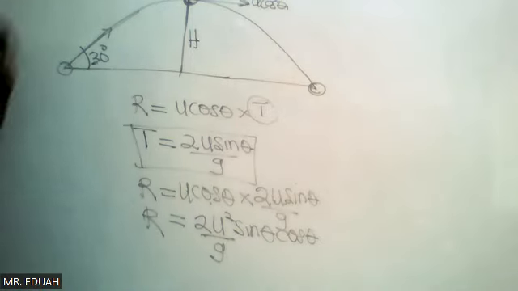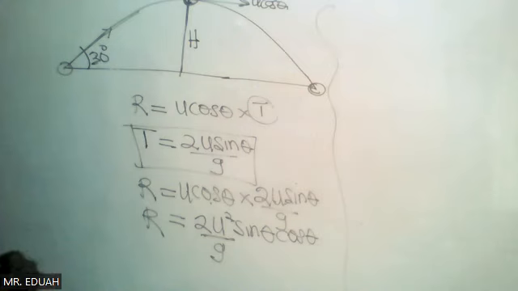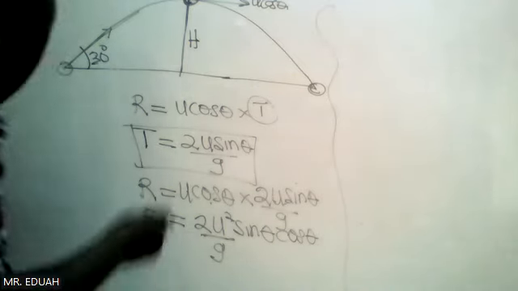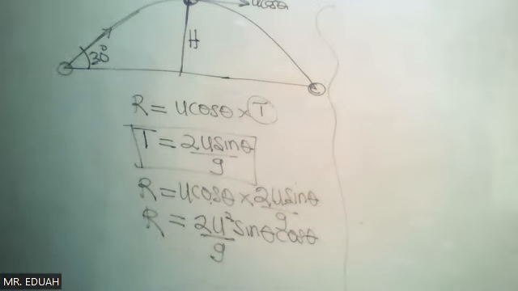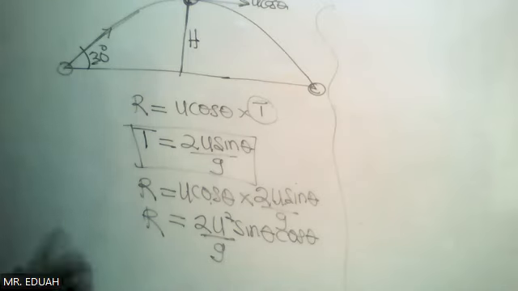This is another formula for the range. I can also simplify this to make it simpler. If you look through the books, you will see this. That's why I want to clarify for you.